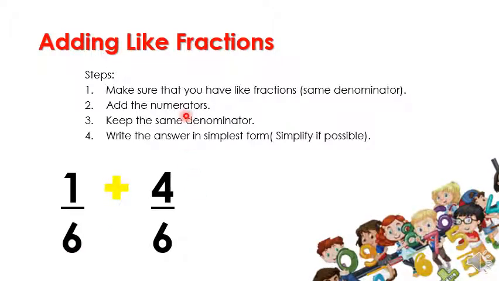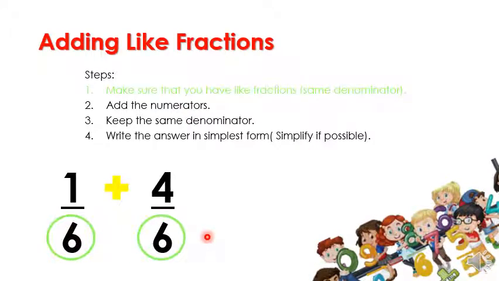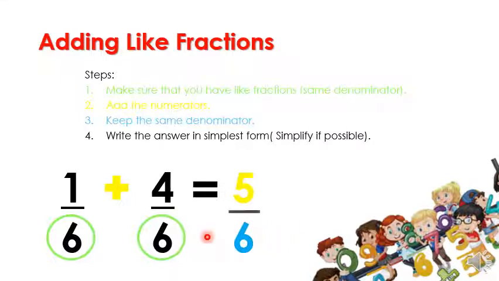So we make sure they have the same denominators, which is 6. We add the numerators. 4 plus 1 will give me 5. And we keep the same denominator, which is 6. Now check the answer. Can we simplify it more?